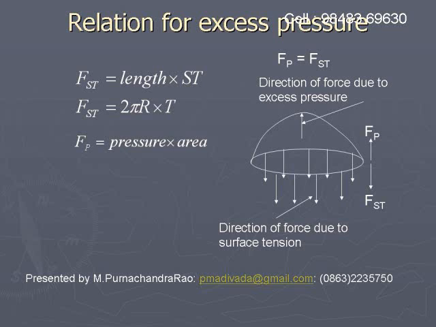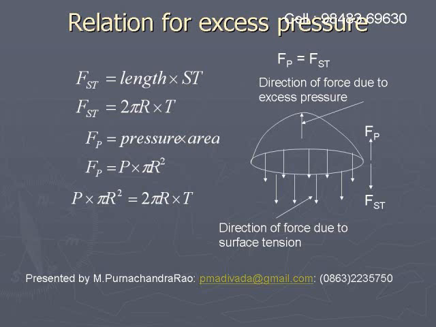So Fp is equal to P into pi r square. Since Fp is equal to Fst, P into pi r square is equal to 2 pi r into T, from which we get P is equal to 2T by R.